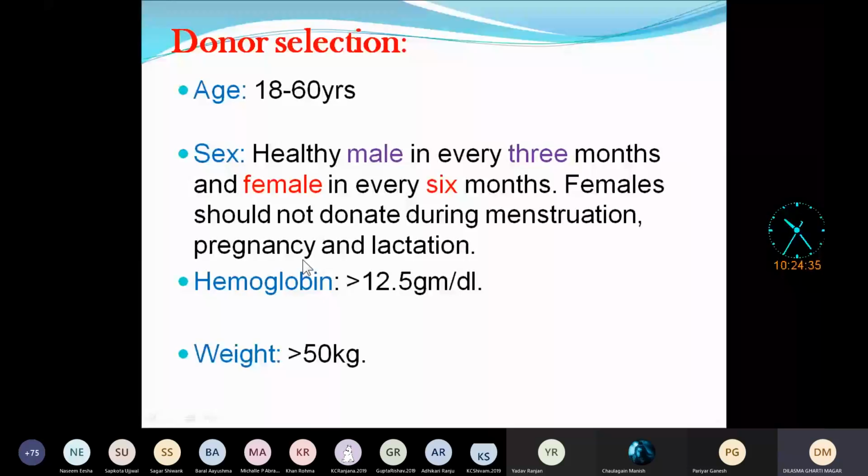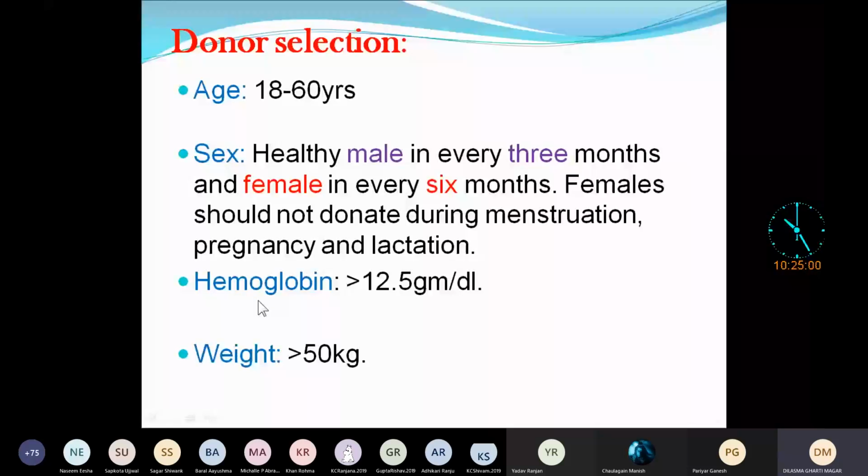So for donating the blood, hemoglobin has to be more than 12.5 gram per deciliter. Understood here? So you must be thinking, how to know whether the person's hemoglobin is 12.5 gram per deciliter or not, isn't it so?